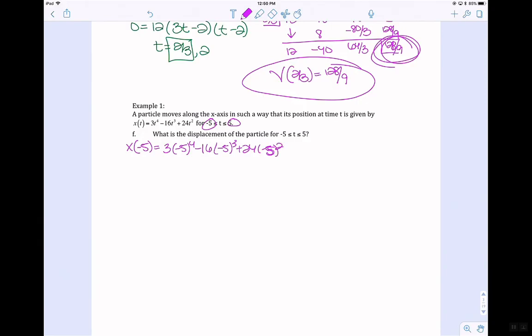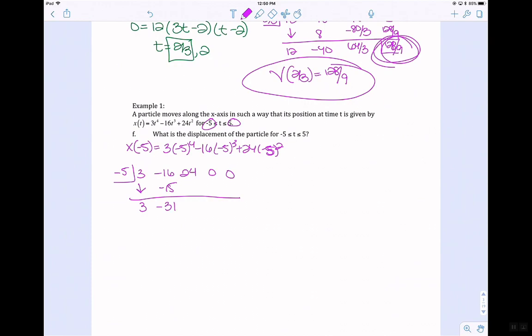Or I could have done this with synthetic division. I could do -5, 3, -16, 24, 0, and 0. So bring down the 3. This gives me -15, so that's a -31.